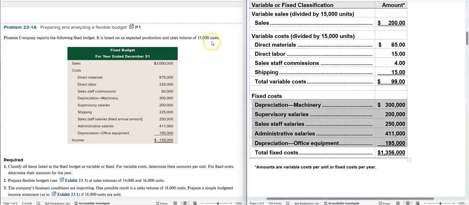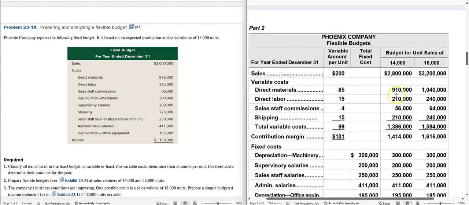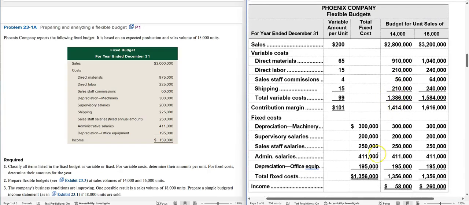They are not going to change whether it's a budget for 15,000, a budget for 14,000, or a budget for 16,000 units. These costs will not change as the level of activity changes. So those amounts are going to be the same for our 14,000 unit budget and our 16,000 unit budget.